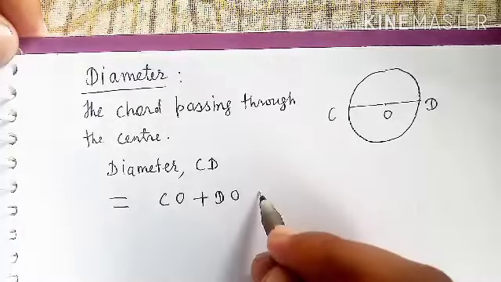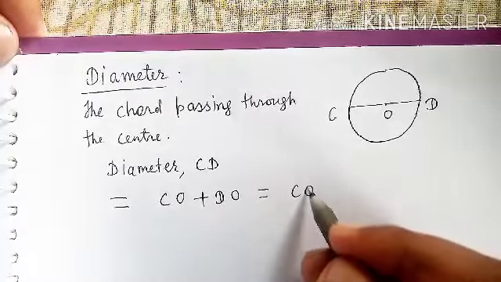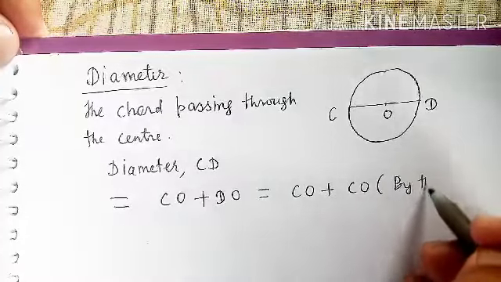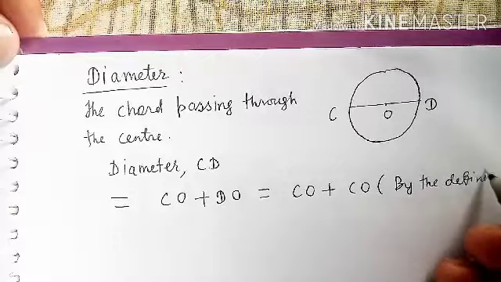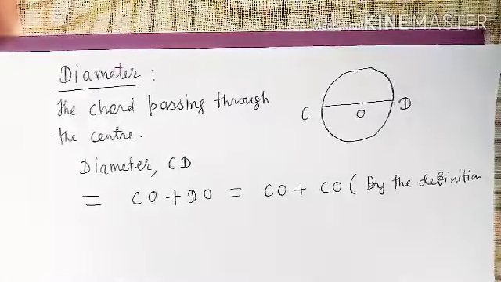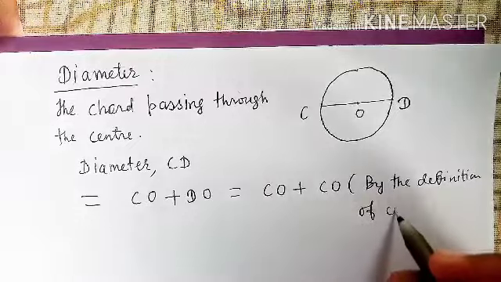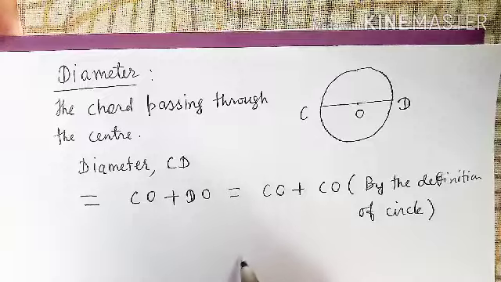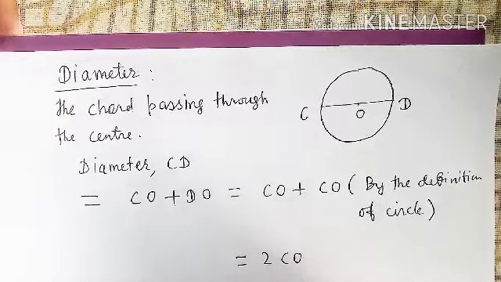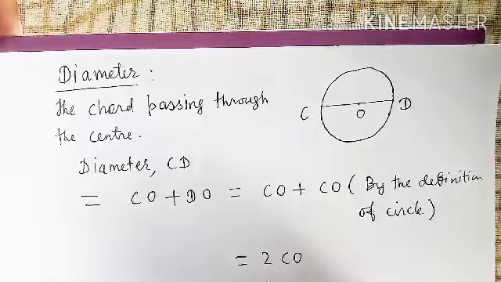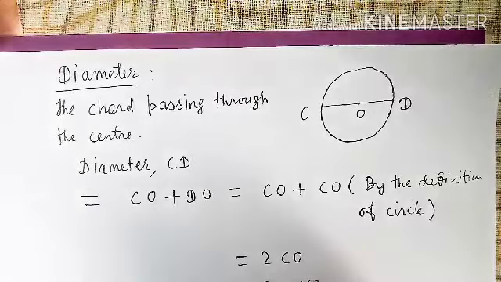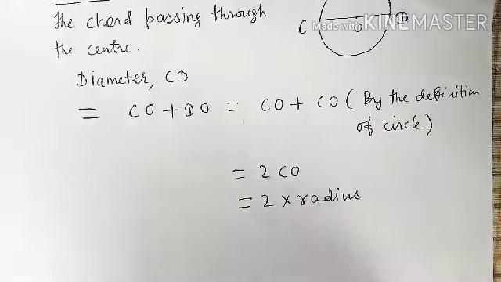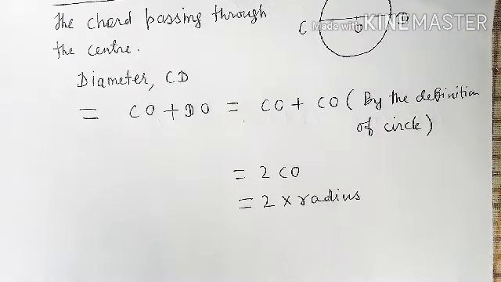We know that they are equal, so CO plus CO by the definition of circle. So 2CO is equal to 2 radius. That's why the diameter of a circle is equal to 2 into radius.